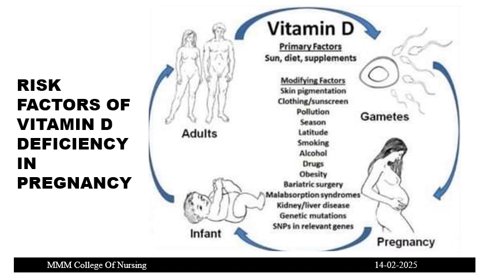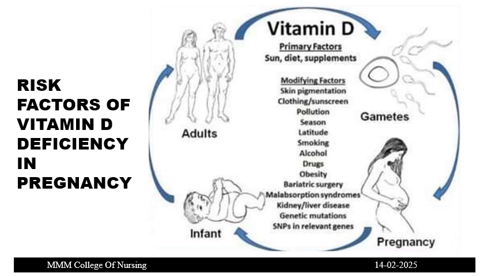In genetic mutations and SNPs, SNPs are nothing but single nucleotide polymorphisms related to vitamin D metabolism. It is essentially a protein.